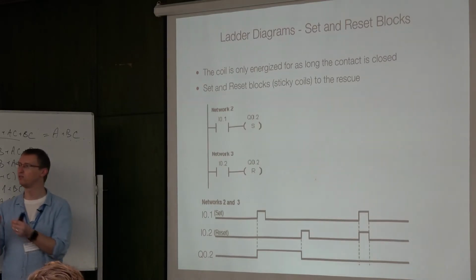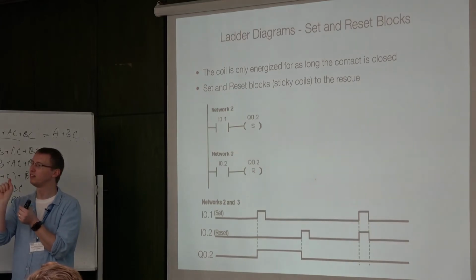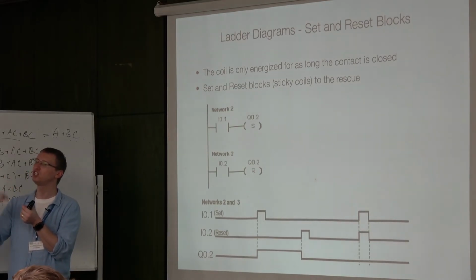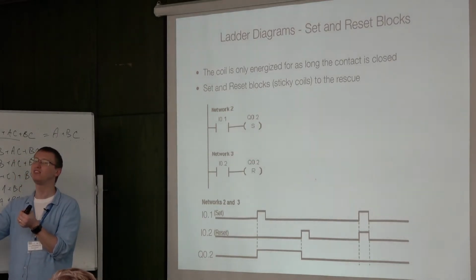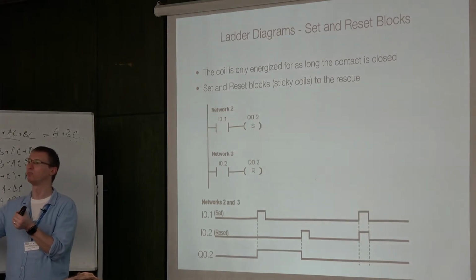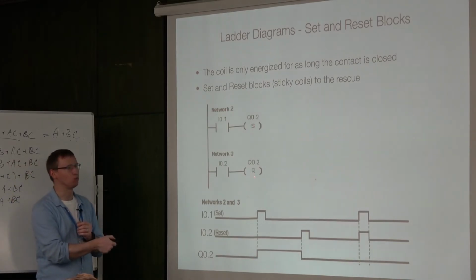These are coils which once get energized by some signal, they need another additional signal to de-energize. So as long as this resetting signal does not arrive, the coil stays energized and the output, this binary output, remains enabled. And these blocks are called set and reset blocks.